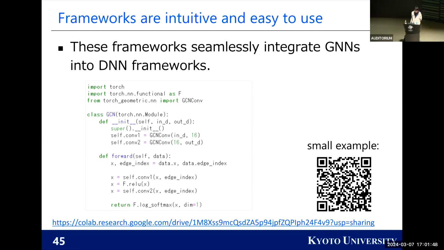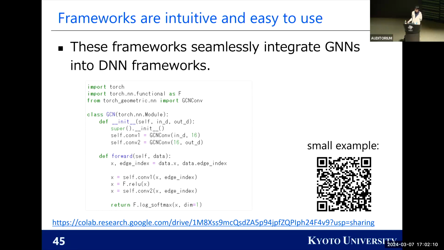You can use the GCNConv module of PyTorch Geometric to define graph neural networks. This is in the very same way as we define standard neural networks. You can stack these layers, and if you define the forward function, then we can define the graph neural network.